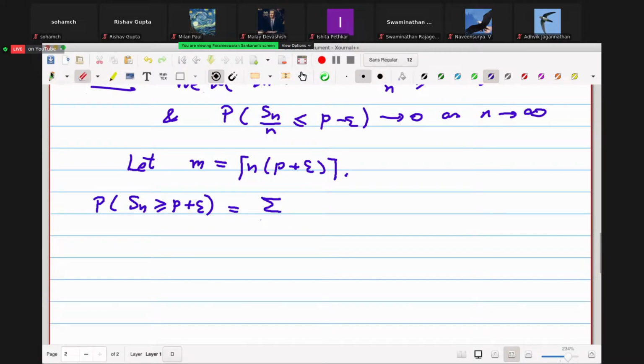Let's write k here. K is the thing that is varying from m to n, and here, n choose k, p power k, q power n minus k.